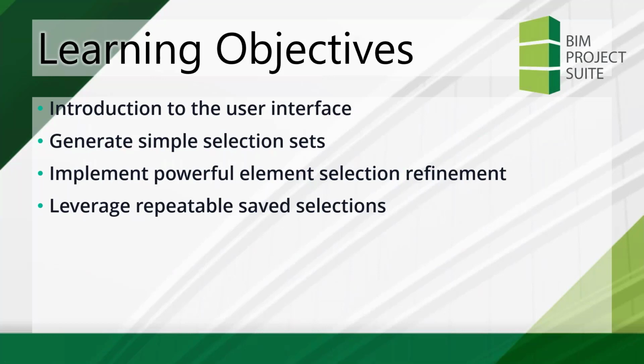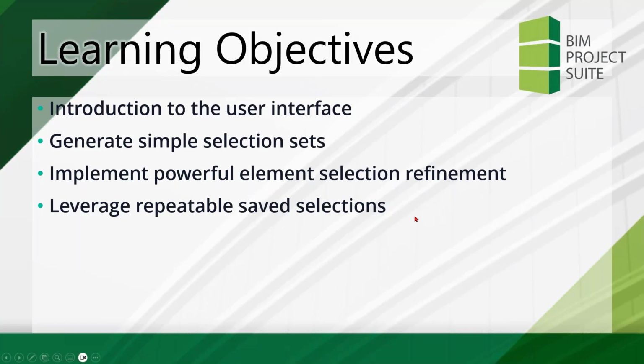So in today's webinar, we're going to show you where the tool is, how to get access to it, and how the user interface looks, kind of how it's laid out. We're going to start from the beginning and do a couple of basic selections, show you how that works, how to implement a multi-tiered selection set, basically multiple categories, varying parameters, adding and removing from the set, and how to save them, how to use them again in the same project, or ultimately in another project.